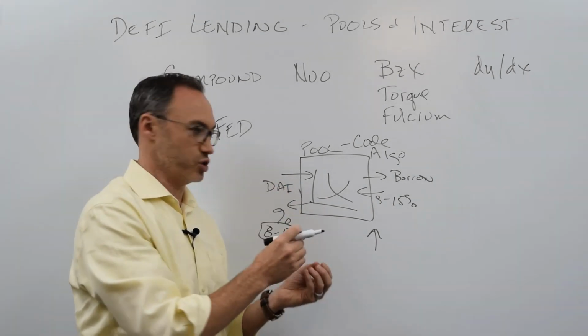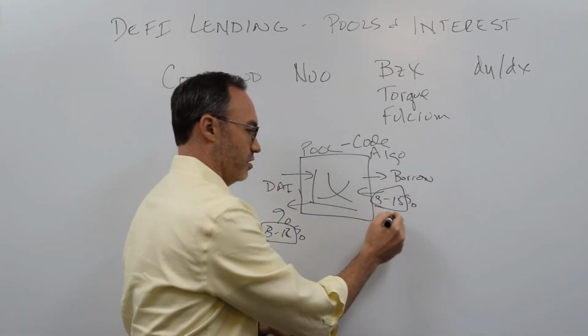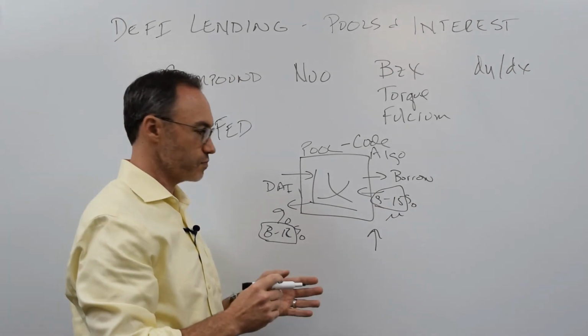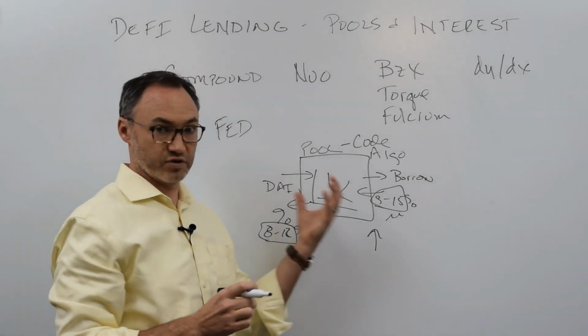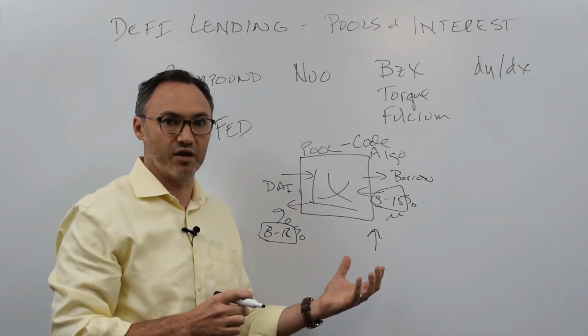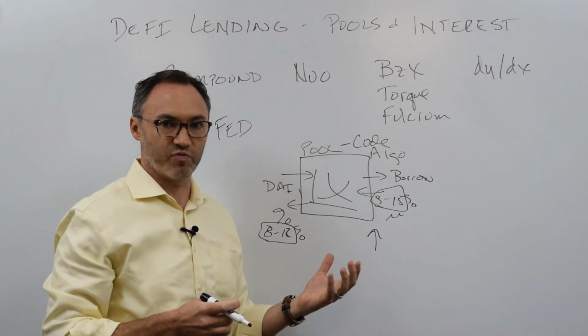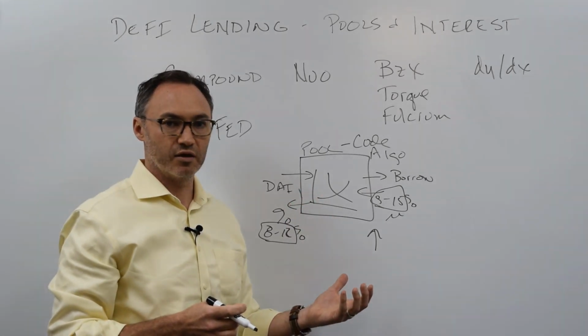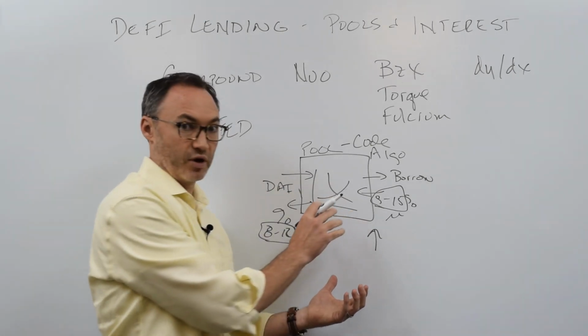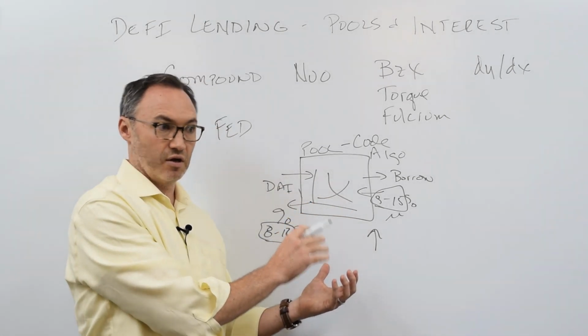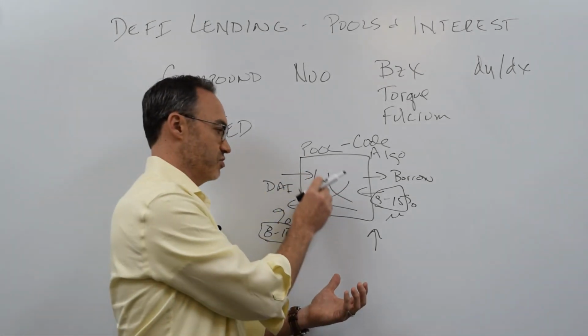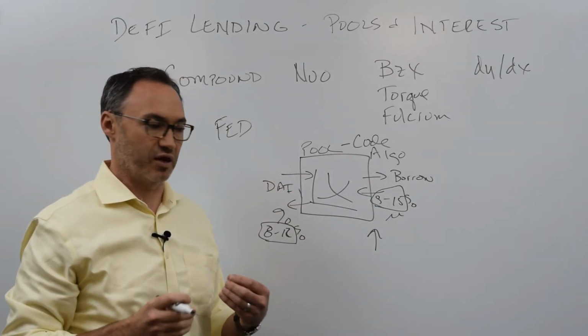It's always fluctuating. The interest rate that they're paying is always fluctuating. Okay, so that's important to understand about the pool, that if I put my money in today and I'm like, man, this is awesome, I'm making 12%, tomorrow I could be making 8%. And the reason is because so many people put their money in when it was 12%, and now that interest rate goes down because now there's more of a supply than there is a demand to borrow.